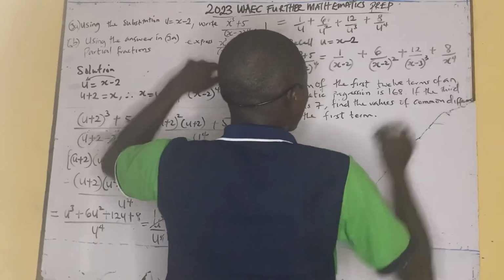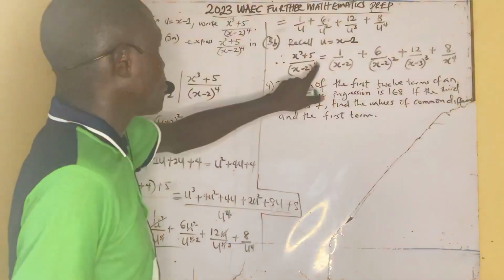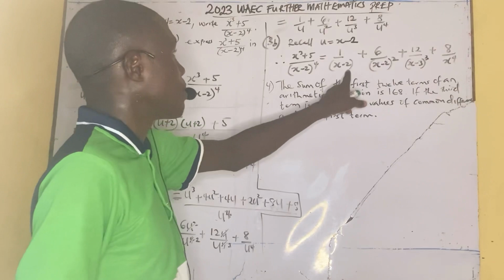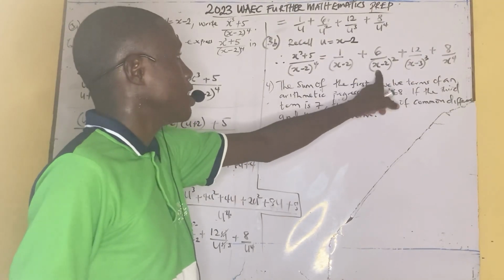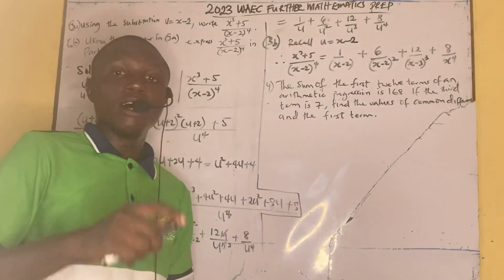You can see this is a partial fraction in repeated denominator.